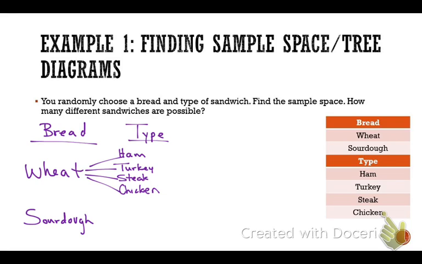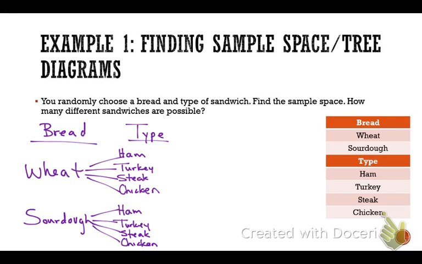I can go sourdough bread with ham, sourdough bread with turkey, steak, and chicken. So for each type of bread, I have the same options of the meat. You see what I'm doing is I'm creating combinations of choices. All right, give you a minute to catch up.